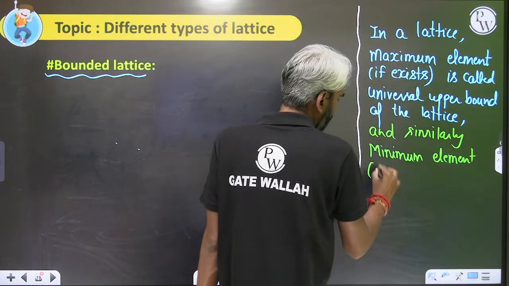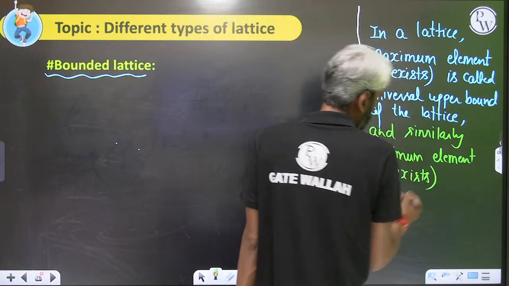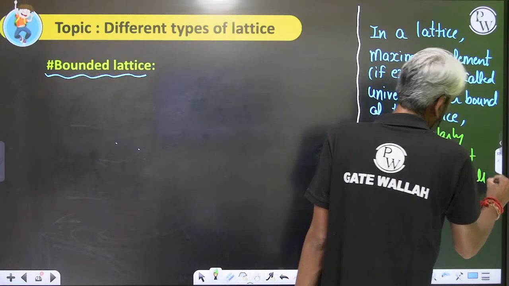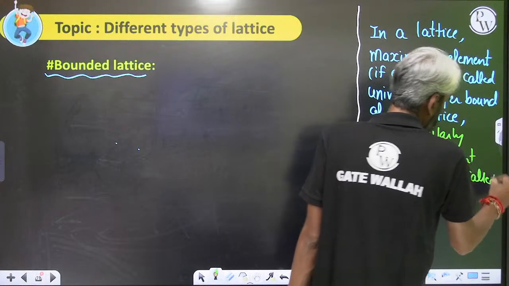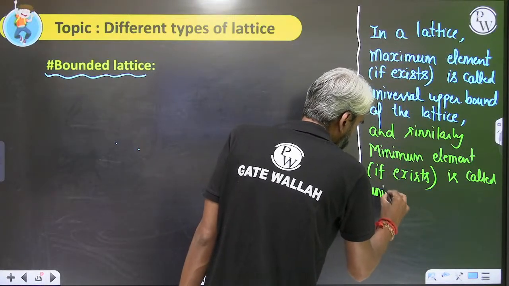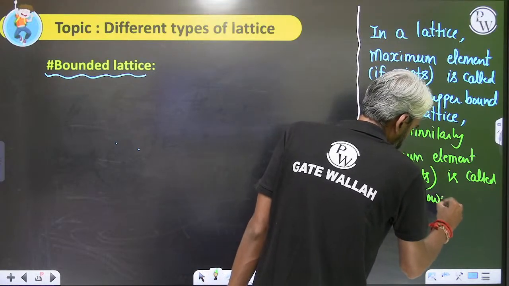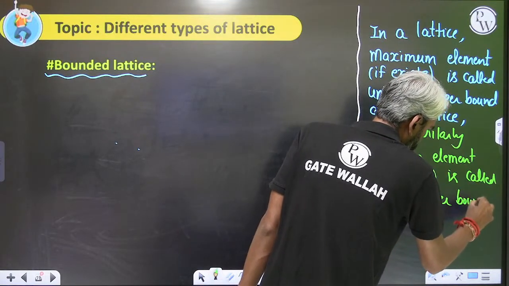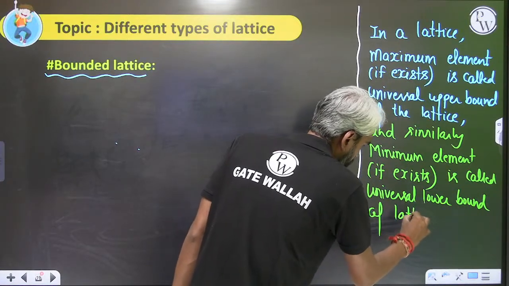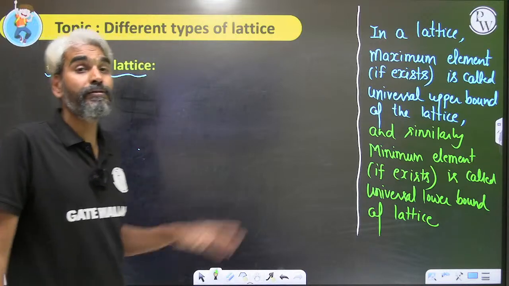The minimum element, if it exists, is called the universal lower bound of the lattice. Okay, sir, so they need not exist.